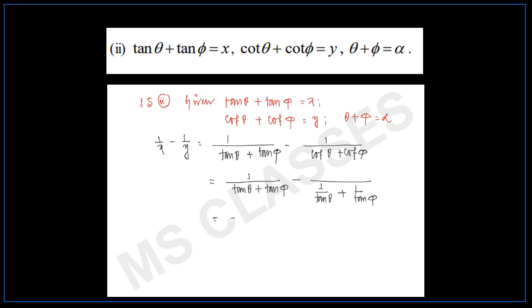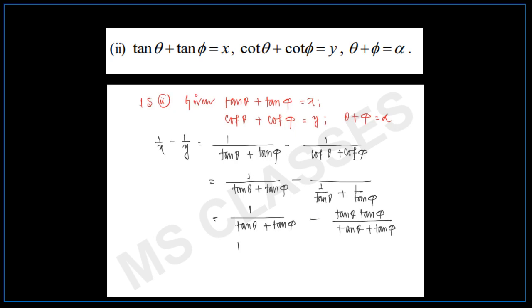This gives us 1 by tan theta plus tan phi minus tan theta tan phi by tan theta plus tan phi.